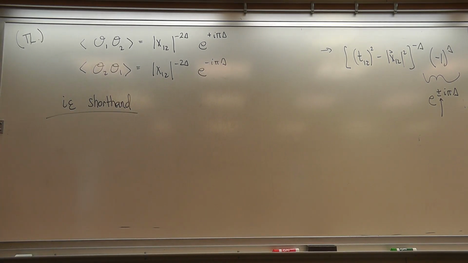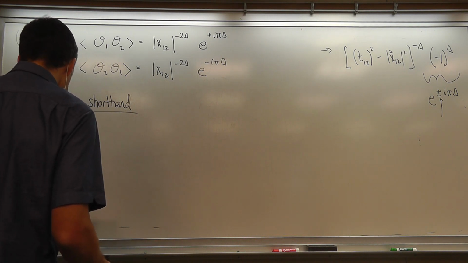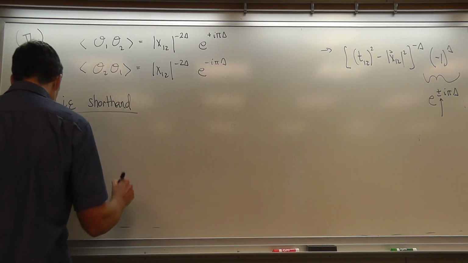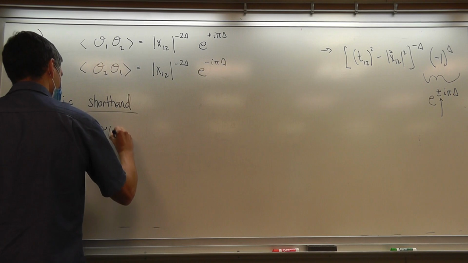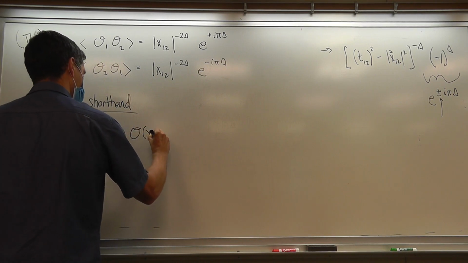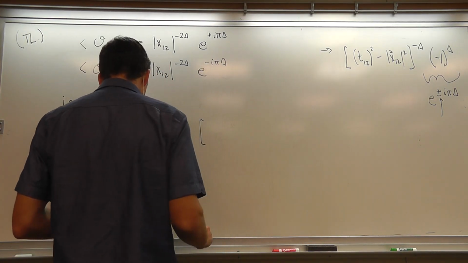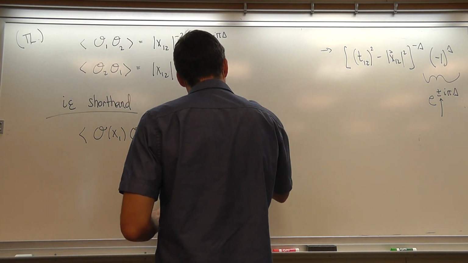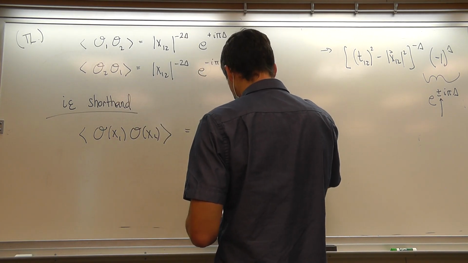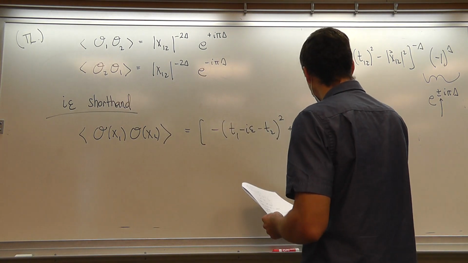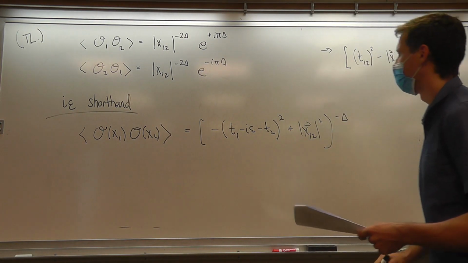So actually, what you usually see, and the best way for calculations, is what's called the I-epsilon prescription. This is a shorthand for dealing with these branch cuts that we've talked about. And this is just that we shift the time by I-epsilon. So the first one has T1 minus I-epsilon minus T2 squared plus x12 squared to the minus delta.